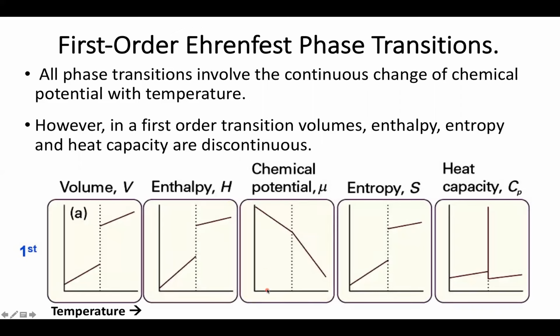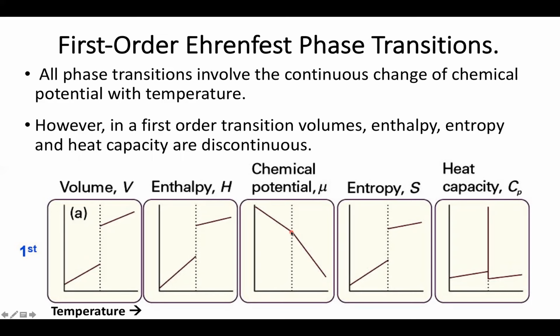So if I heat a system and go from, say, solid to liquid, I'm essentially stabilizing the chemical potential of the system. I go to the liquid phase, and now I'm moving at a different slope. So we have two different slopes, and where these slopes overlap is where the phase transition occurs.